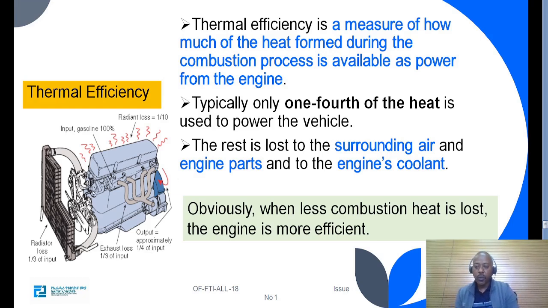From this picture, we can see the heat dissipation from the engine. The radiator loses about 1/3 of the input energy. About 1/3 of the input is lost through the exhaust system, and about 1/10 of the power is lost by radiation.